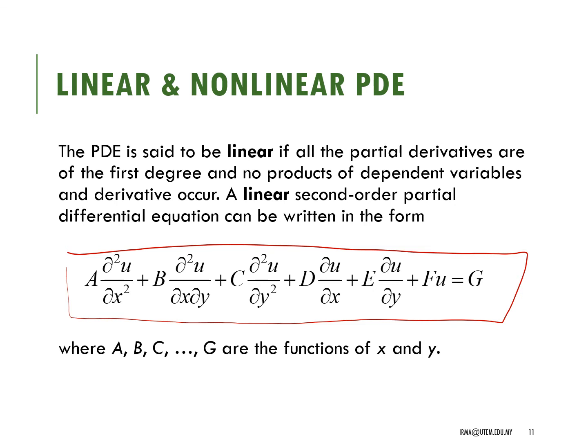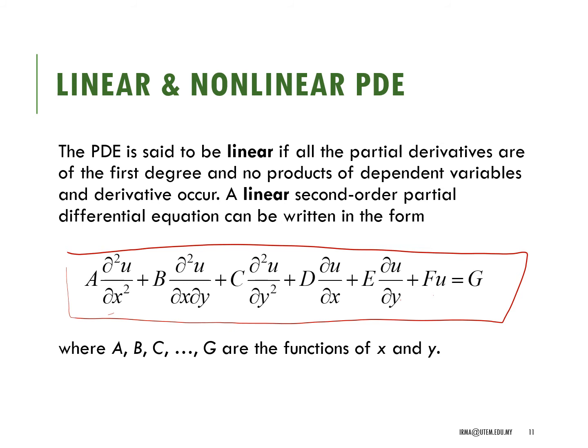We have a times the second derivative of u with respect to x, plus b times the derivative of u with respect to x and y, which is second order, plus c del squared u del y squared, then plus d del u del x plus e del u del y plus fu equal to g. So this is the standard form.